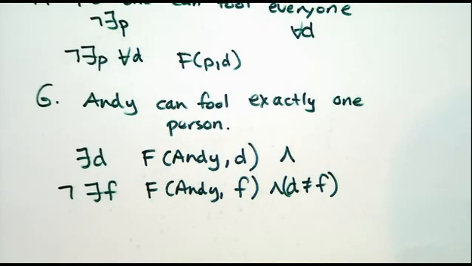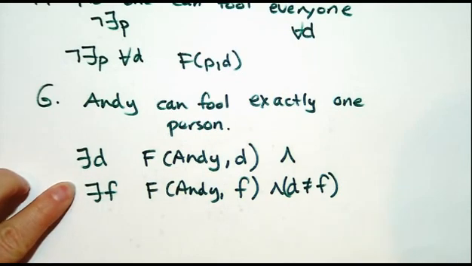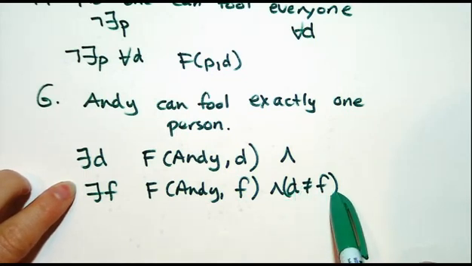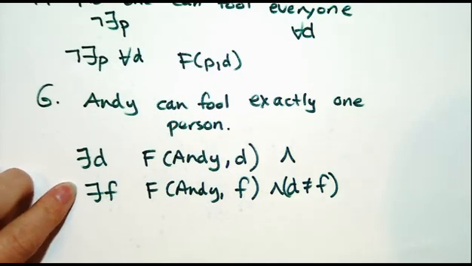So if I wanted to do exactly 2, I would do the same thing, right? Except I wouldn't have negated that one. I would have just said there exists D and there exists F and there exists G, but I would have negated the G, right? And I would have D not equal to F, F not equal to G, and D not equal to G also. I have to have all three of those if I do exactly 2.